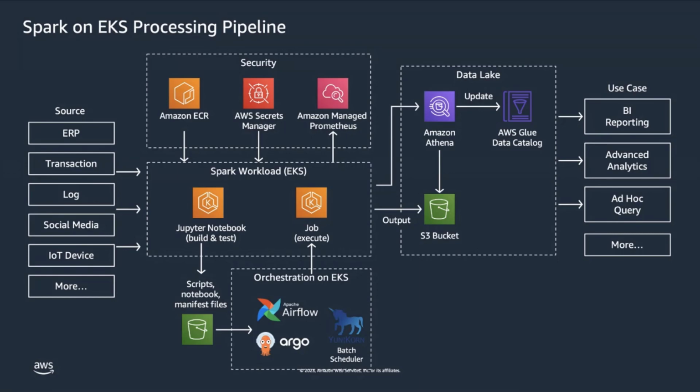So being able to use a purpose-built batch scheduler like Unicorn to do more optimized job selection or packing on the nodes to get the most out of utilization, and to use something like Apache Airflow to act as a job execution or processing gateway.